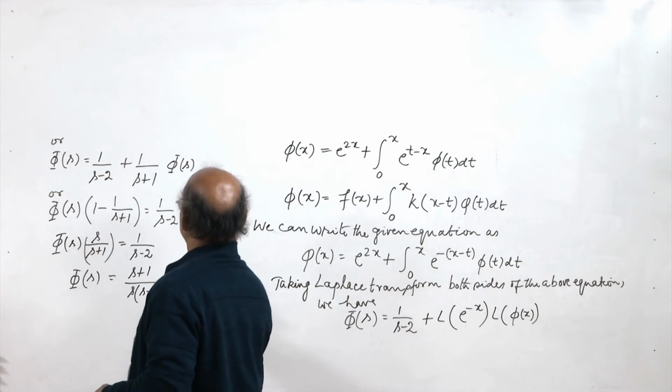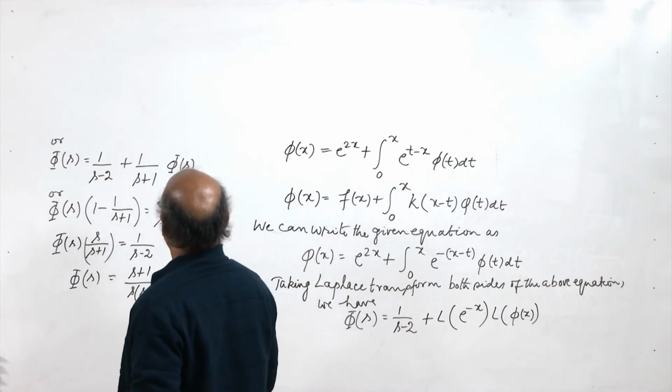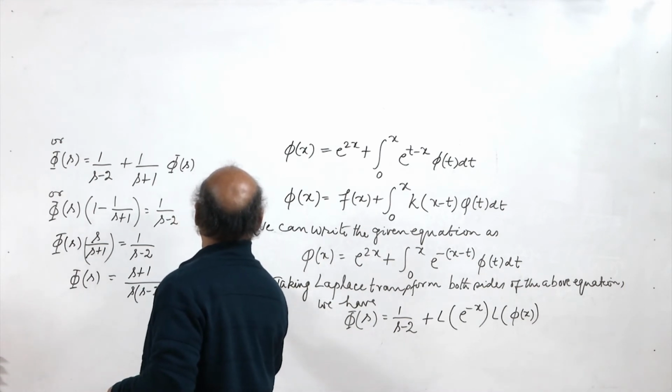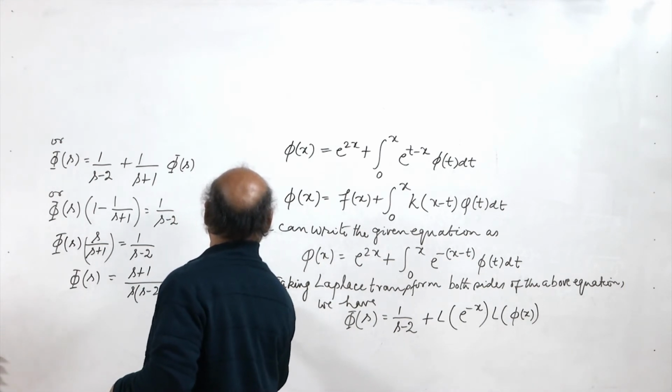We can break it into partial fractions: a upon s plus b upon s minus 2.